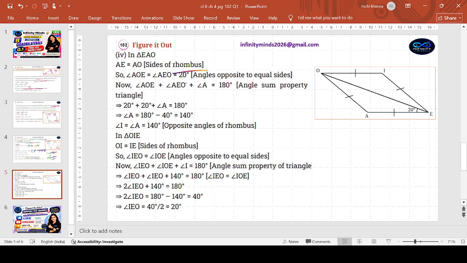If this is 20, I hope now it won't be a problem. This will also come out to be 20 as an isosceles triangle. By the rhombus property, the diagonal shall bisect the corner angle. So these will also come out to be 20. Now using angle sum property, 20 and 20 makes it 40. So 140 degrees left, and the opposite angles would also be 140 degrees.